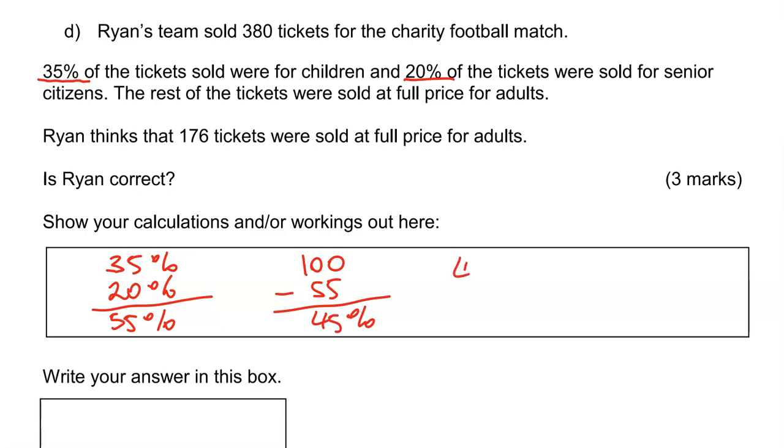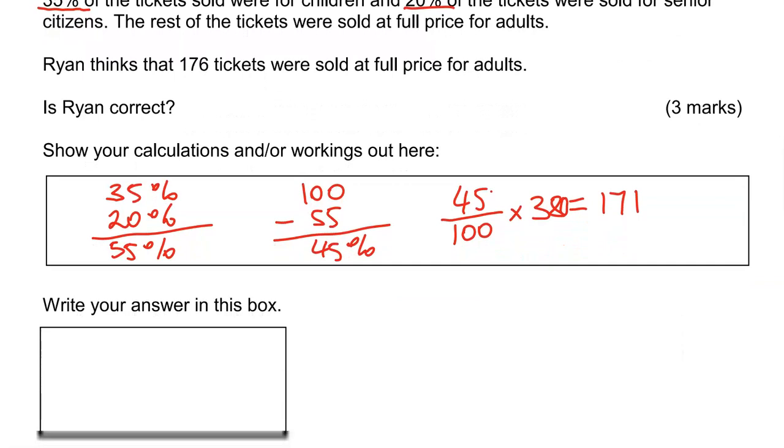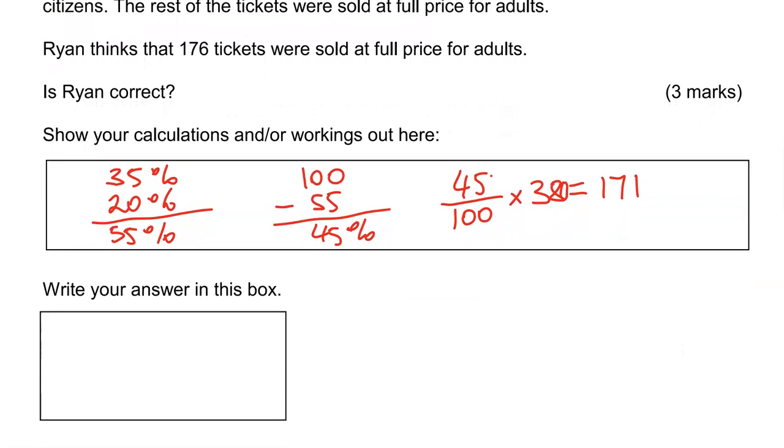What is 45% of 380? So 45%, that is 45 out of 100 of 380. That gives us 171 tickets. So, is Ryan correct? We're going to say no.